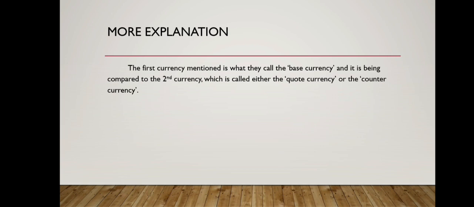The first currency is called the base currency, the second one is called the quote currency. It is called the quote currency because the price quotation is quoted by the price of the quote currency against the base currency. And we also gave an example.